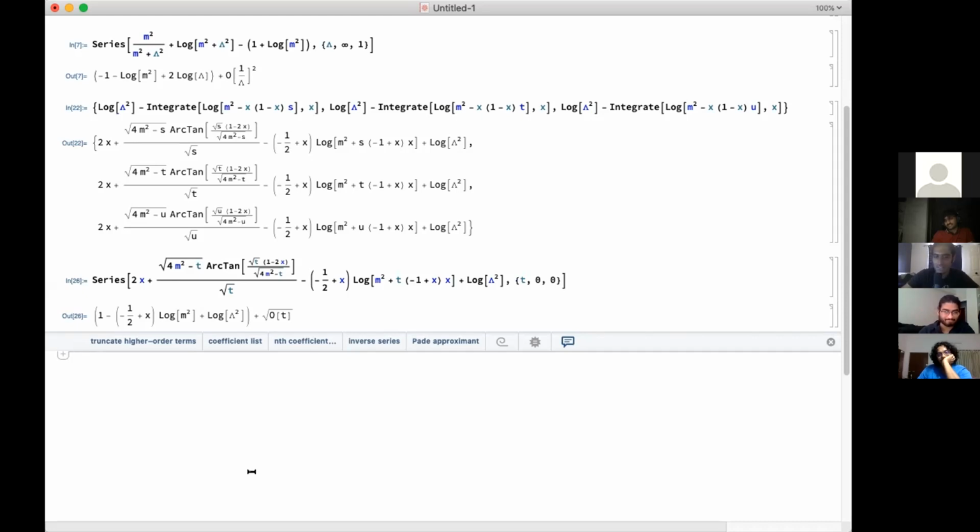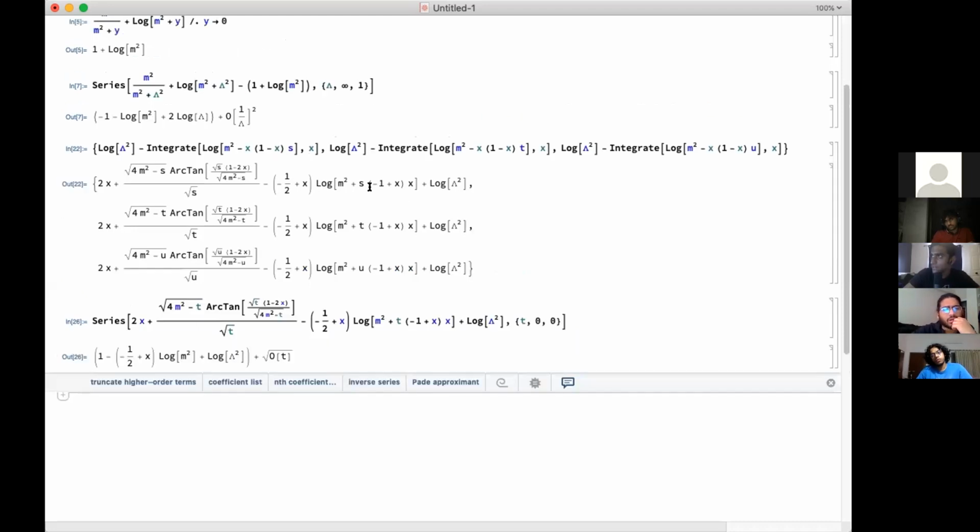But let's see. This is a log divergence of some function of S. Clearly, something worse might have been happening. Let's just look at the integrand.